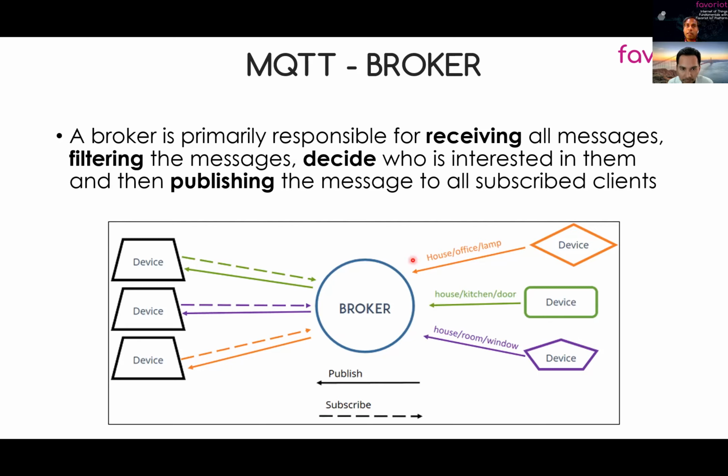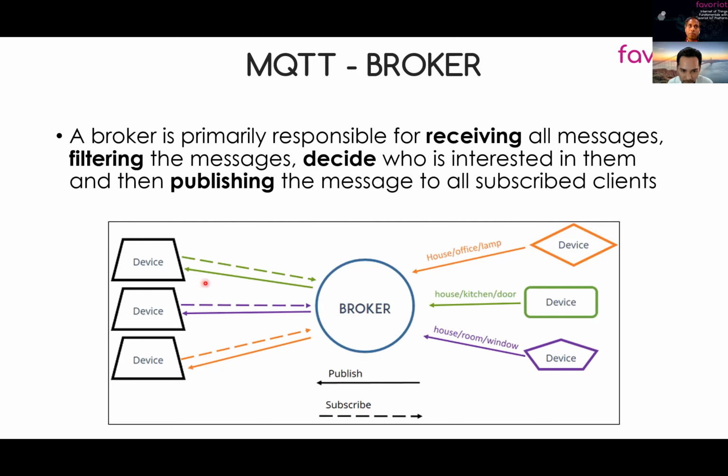It's a very, very important task of a broker, because it needs to keep track of all those topics that are published to. It needs to keep track of all those devices that are connected. It needs to keep track of which device subscribes to which topic. So a lot of tasks.